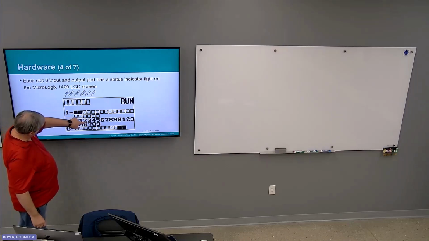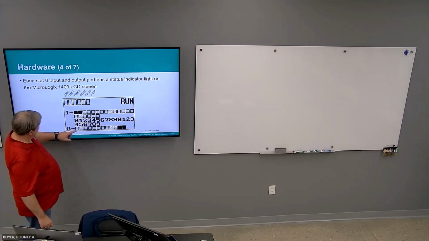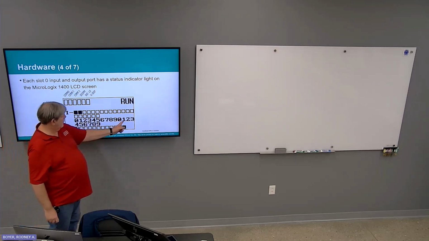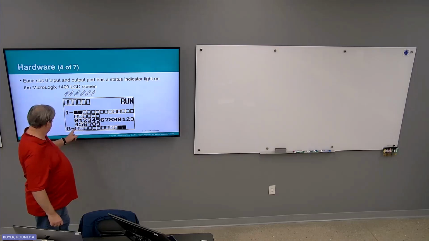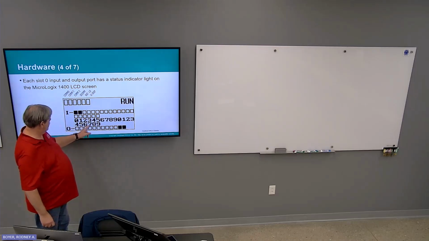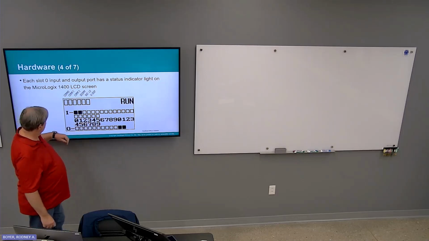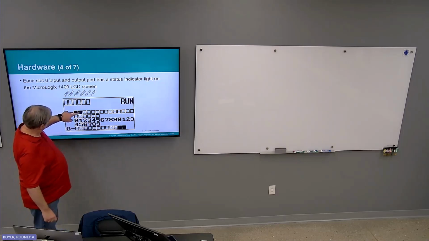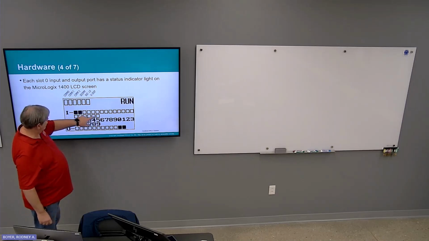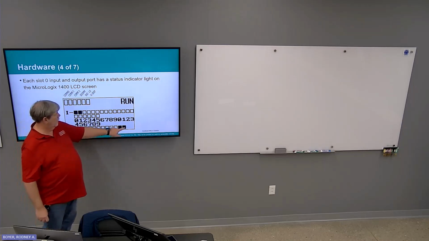So 0, 1, 2, 3, and so on. This is actually 10, 11, 12, 13, 14, 15, 16, 17, 18, 19. So it's 0, 1, 2, 3, 4, and so on, 14, 15, 16, 17, 18, 19, and then the outputs are just 0 through 11.